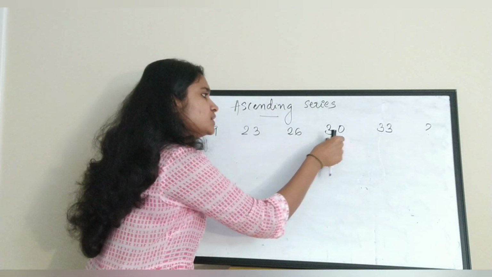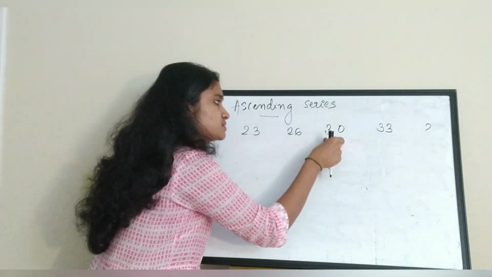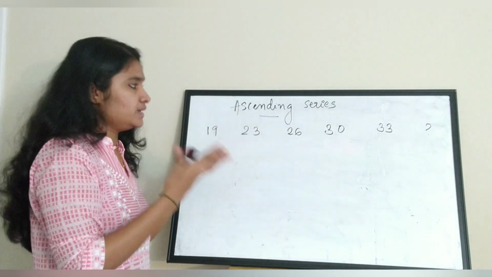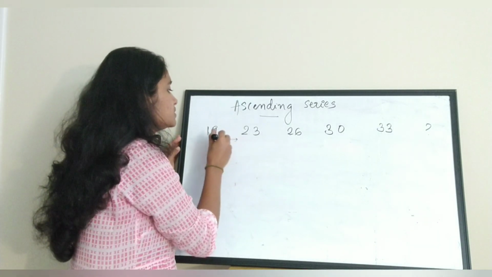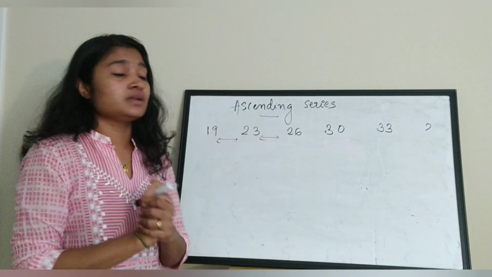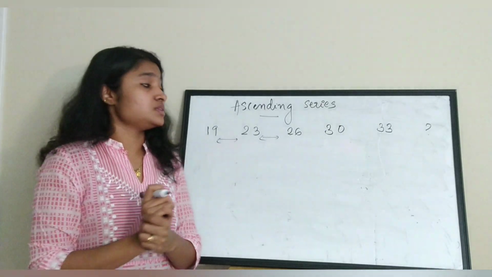So this is 23, this is 26, this is 30, this is 33. So it is by addition. If it was multiplication, then the difference between these two close numbers would have been greater, right? So this is a simple conclusion in order to simplify the number series.